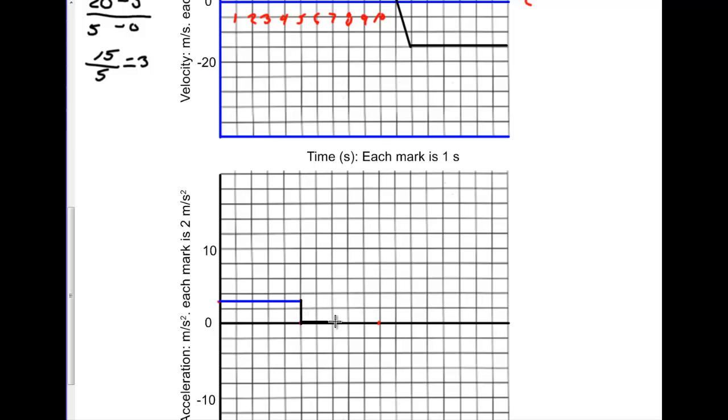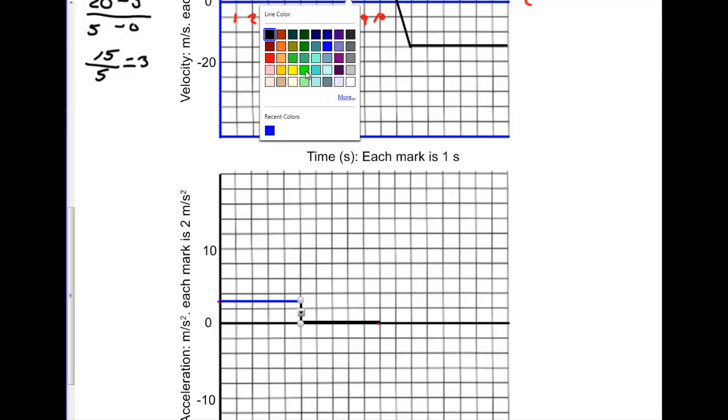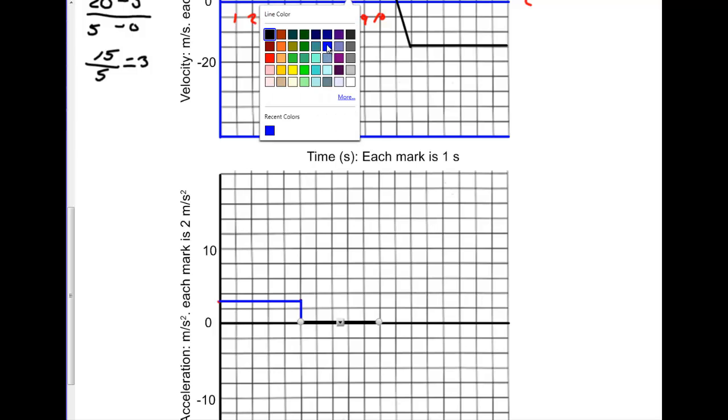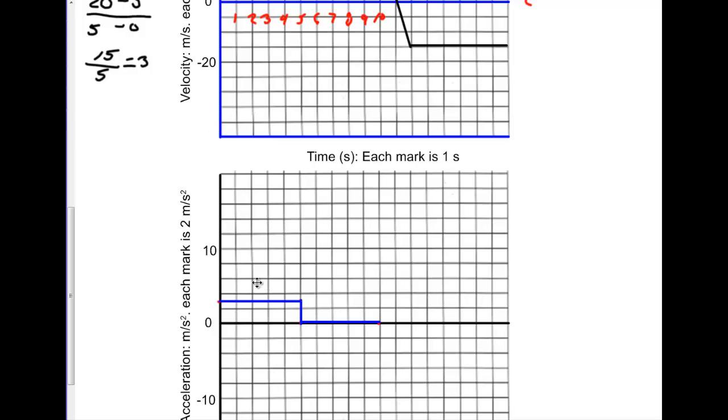Now we're going to go all the way over to here. And we'll go ahead and color that blue. Okay. So again, this is what our acceleration versus time graph is going to look like for the first 10 seconds.